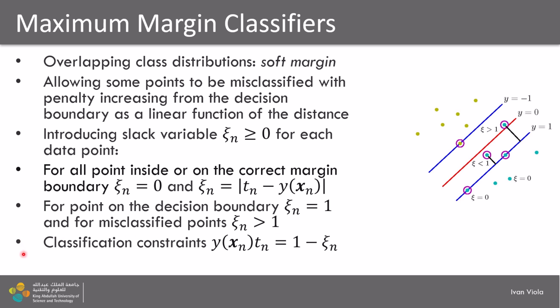And our classification constraint, which was previously that tn y(xn) should be equal to 1, we are extending to tn y(xn) is equal to 1 minus ξn. So if ξn is equal to 0, then we will have the original formulation, and if it's bigger than 0, so maybe smaller than 1, then it will be positive, and if it's misclassified, this outcome will be in fact negative. So it is consistent that a negative outcome means a misclassified point.